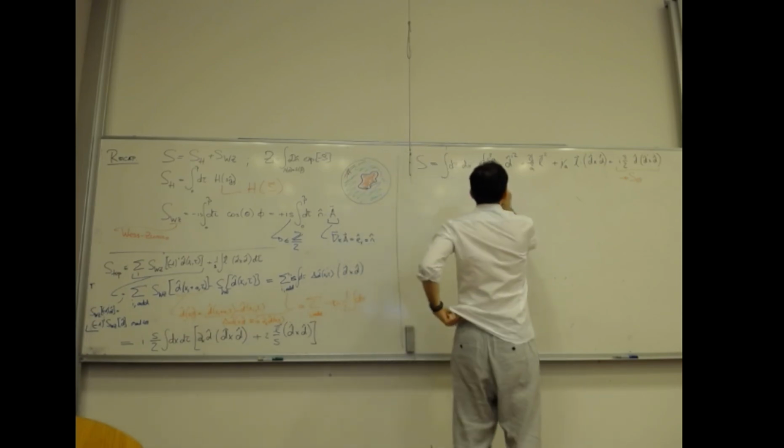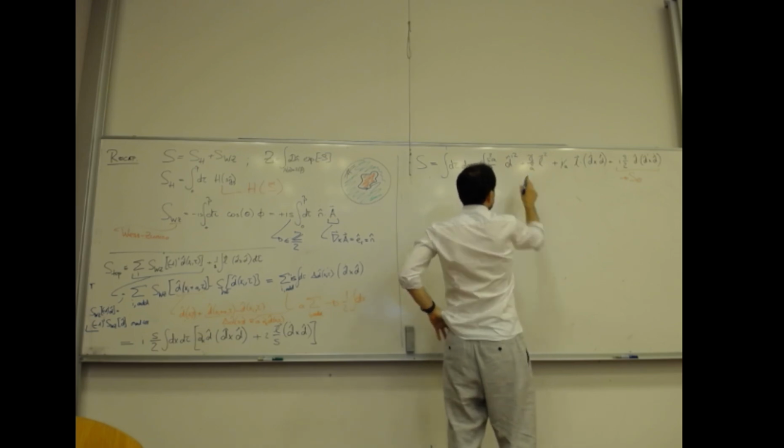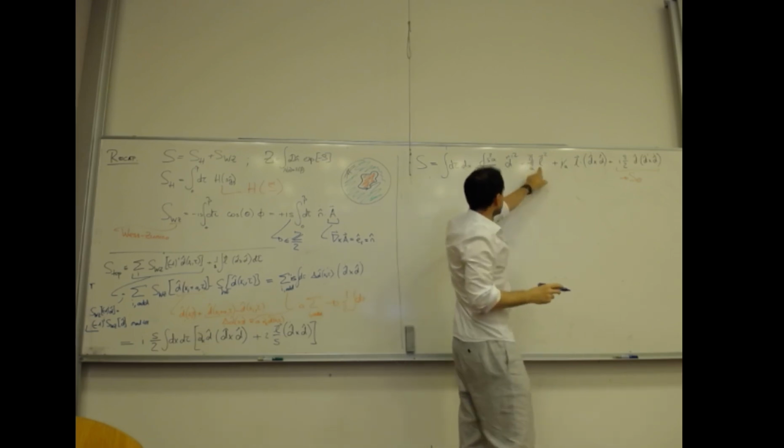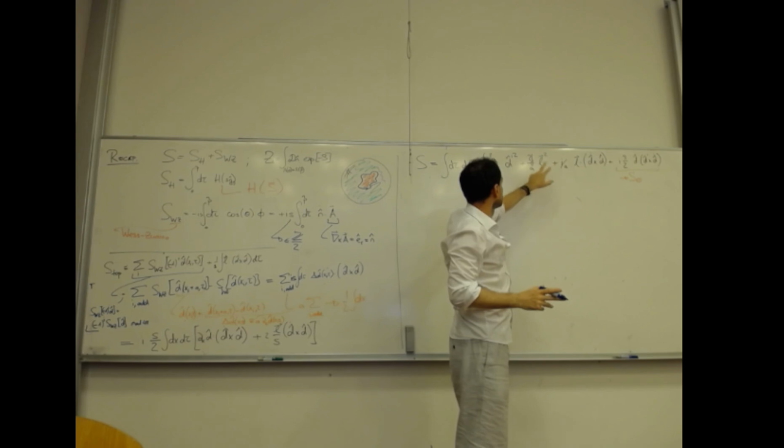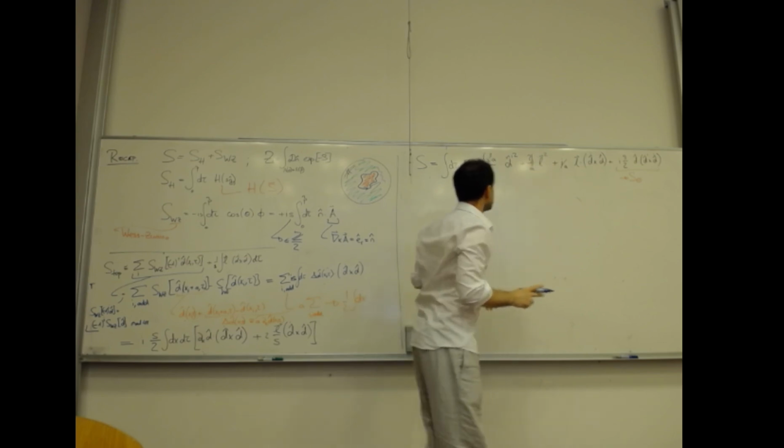Now we see we have these L's, which are massive objects with a mass given by J over a.